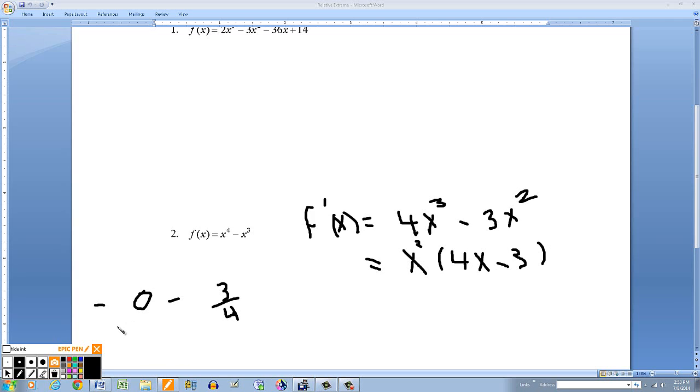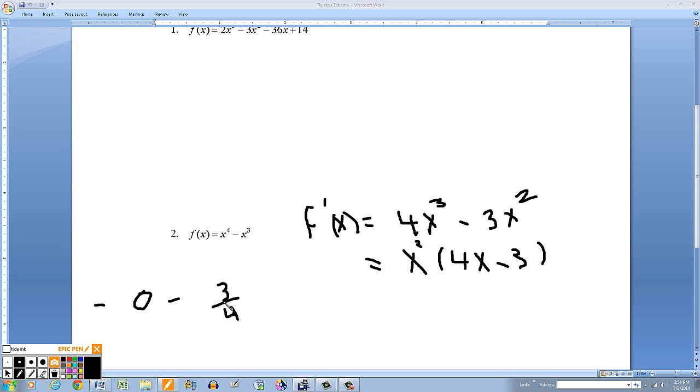So notice in this particular case that the sign goes from minus to minus. It doesn't change signs. So even though 0 is a critical number, it doesn't lead to a relative extrema because the sign does not change. In order to have an extrema, either a maximum or a minimum, it has to go either minus to plus or plus to minus. So in this case, it doesn't do that.